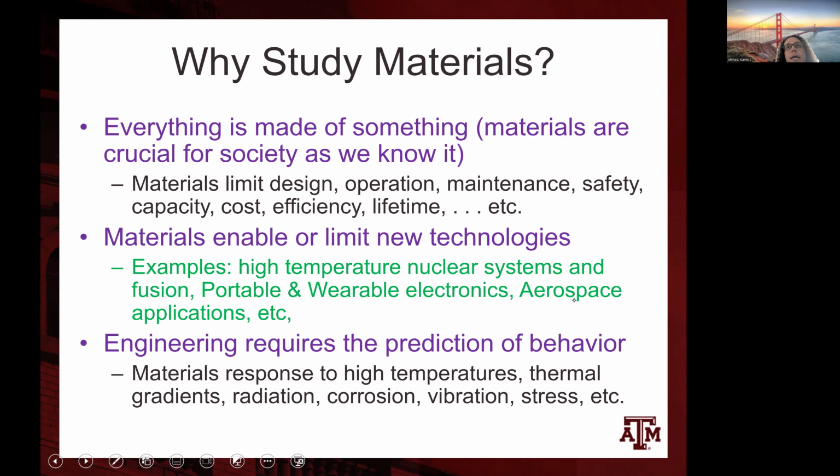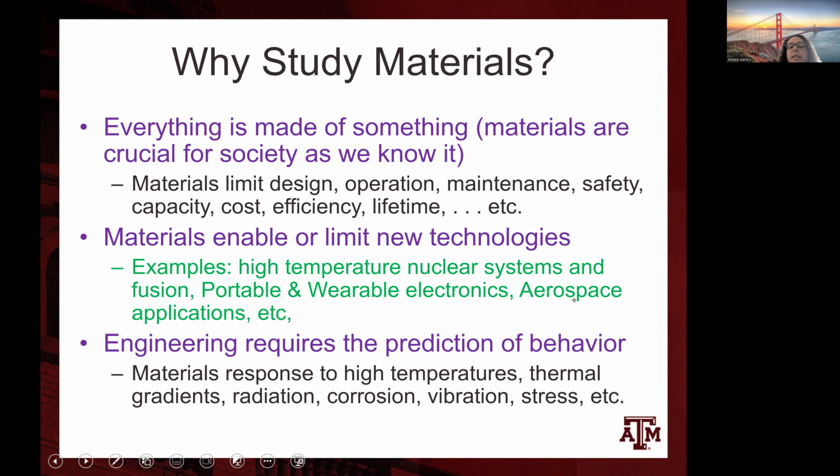Also, as engineers, we care about the performance and the safety of those devices and equipment. So we need to be able to predict the material behavior under specific operating conditions.